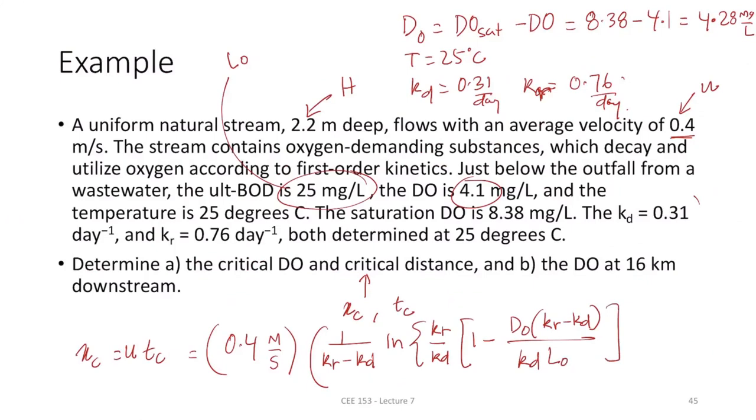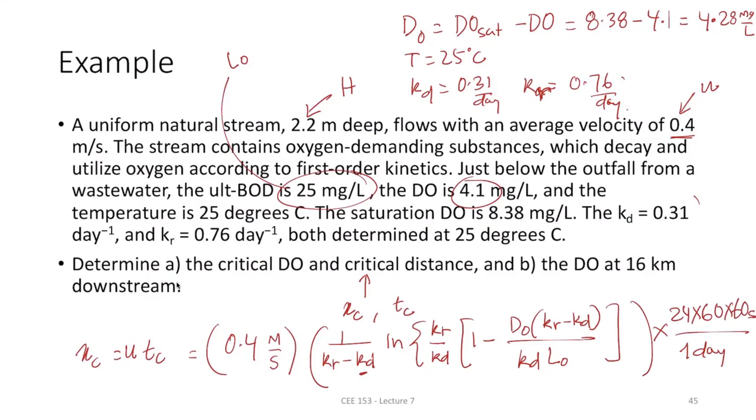The value you get will be in the unit of KD, which is 1 per day, so this time will be in days. That means you have to multiply: 1 day is 24 hours, 1 hour is 60 minutes, 60 seconds, to calculate in terms of meters.